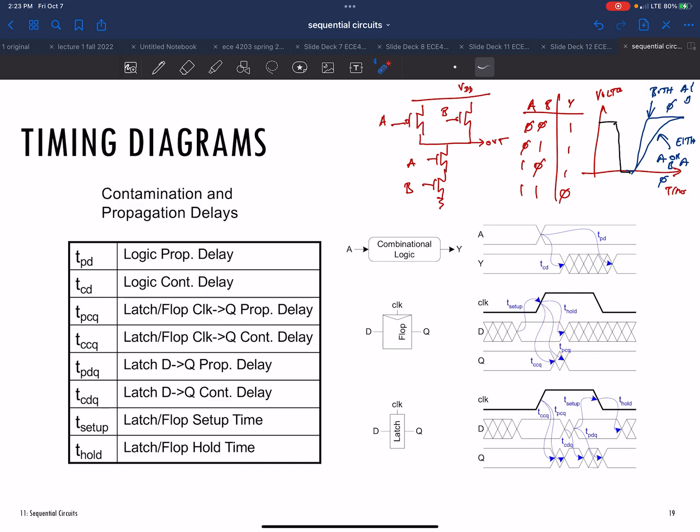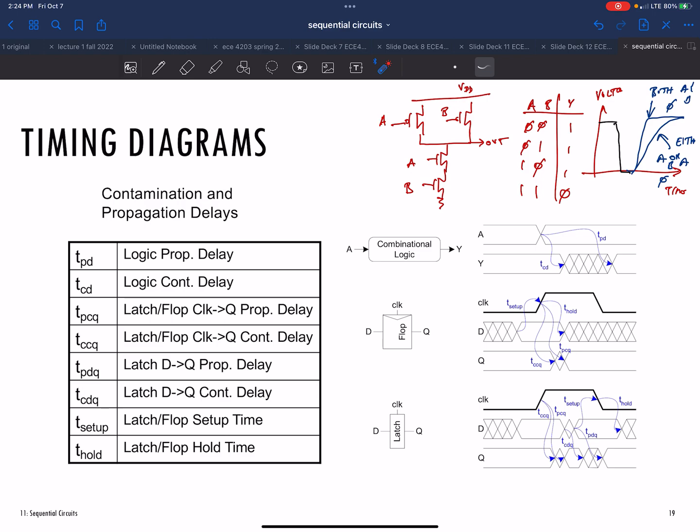The reason we don't care about the input going up and down around the clock is that the clock only grabs whatever the input is at the rising edge. So the only delay we care about at the output is from the clock's rising edge to it propagating to the output, okay?